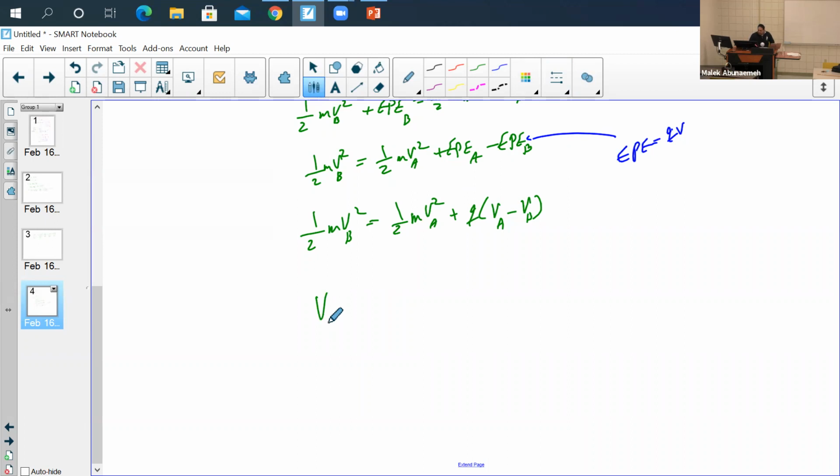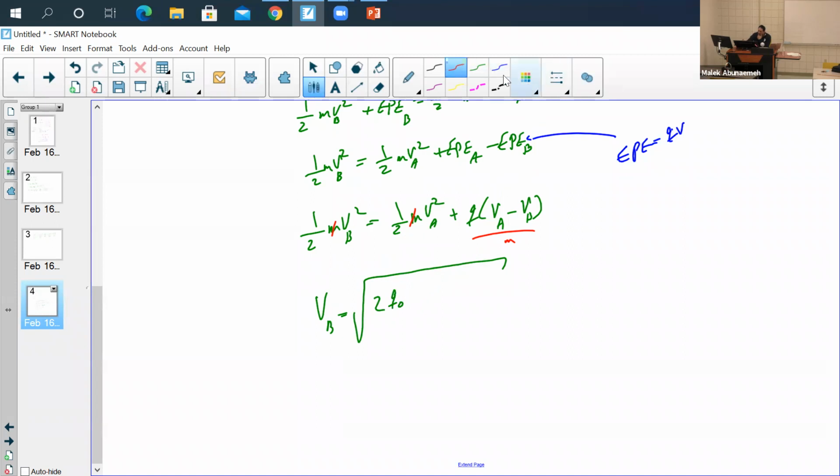Solving all this, v_B is going to equal the square root of, and the m's cancel, so you divide by m, and the 2 comes up there, so it'd be 2q.